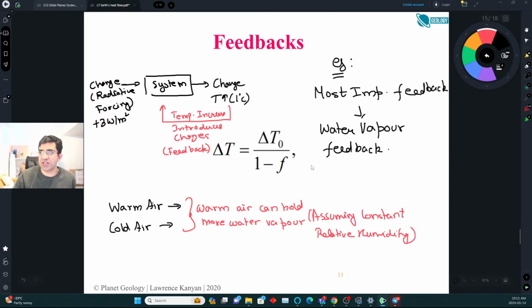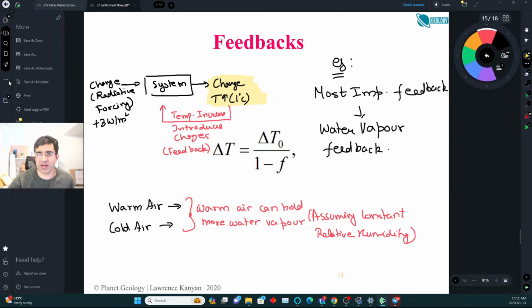This temperature change of 1 degree Celsius is making the earth a little bit warmer. Now a warmer atmosphere will be able to hold slightly more water. Now, is water vapor a greenhouse gas?